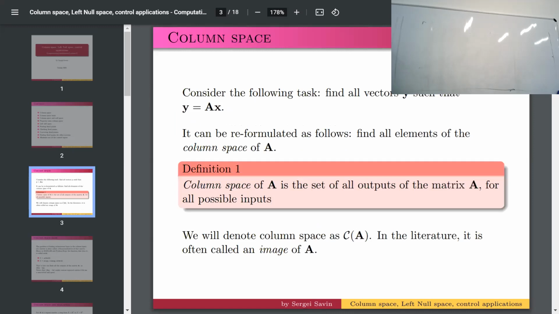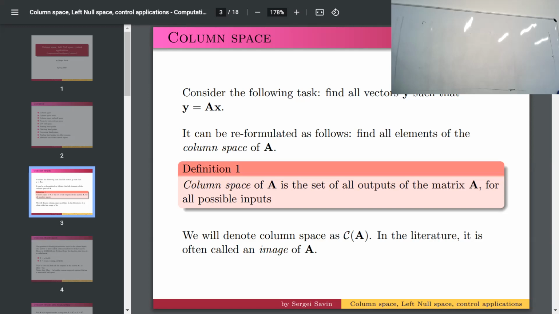Okay, good. Now, column space. Column space is the space of all outputs that the matrix can produce under all inputs. Okay, that's all. Just the space of all outputs. We call it C of A, or in literature we will call it the image of A. You can also call it the span of columns of A. I think that's what we discussed last Monday, right?